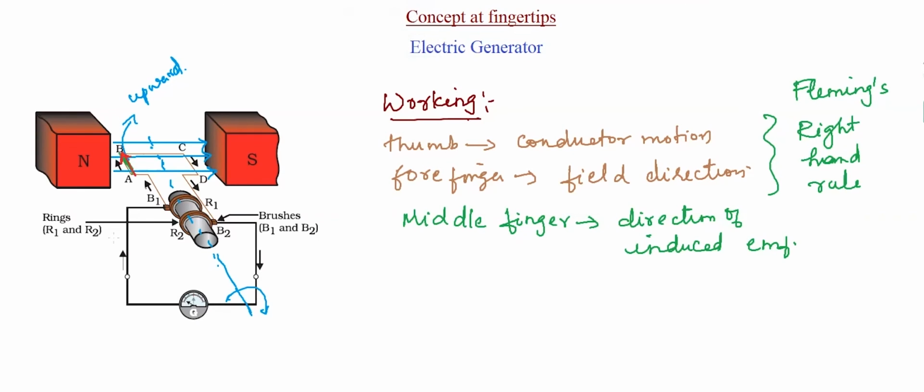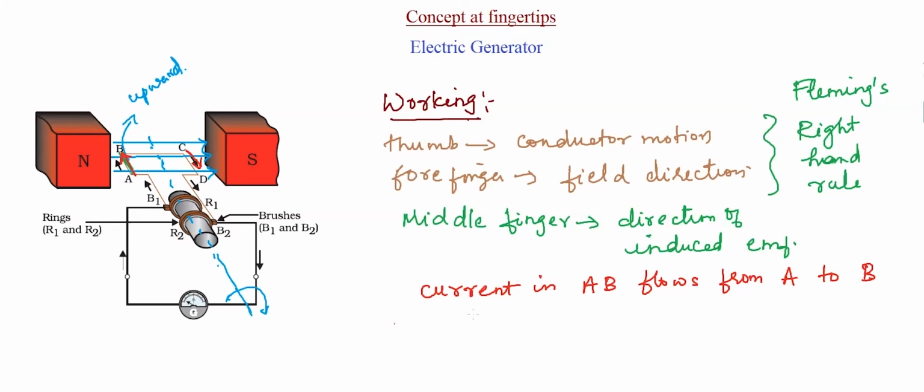So the current in AB flows from A to B. In the other side, CD will be moving downward, and with the same rule we can see that the current direction will be downward as indicated in the figure.